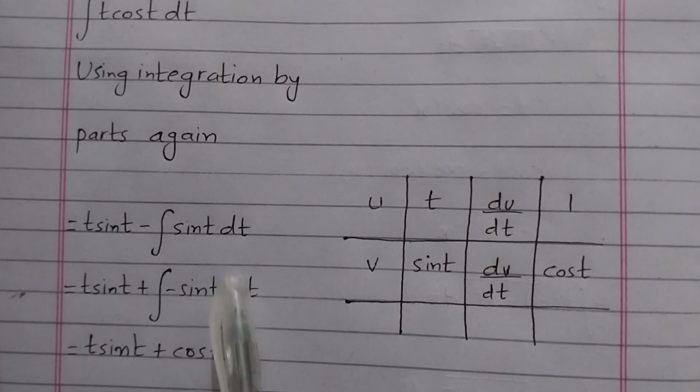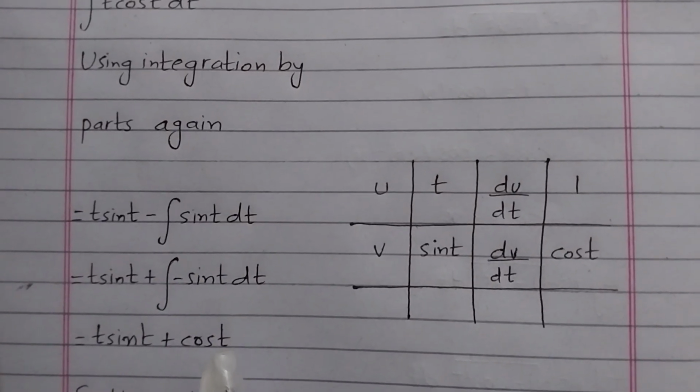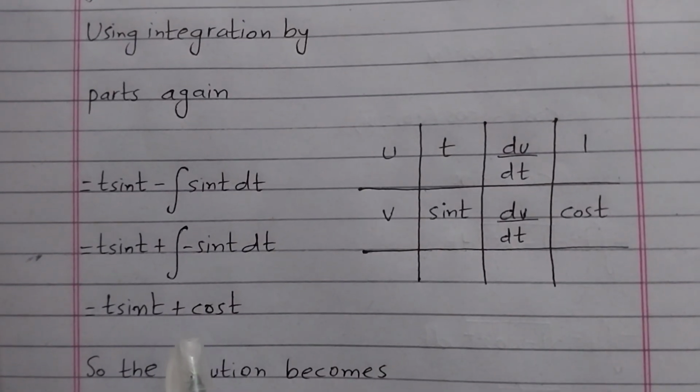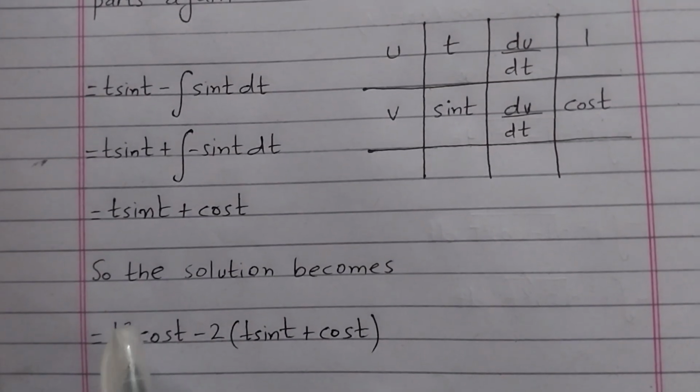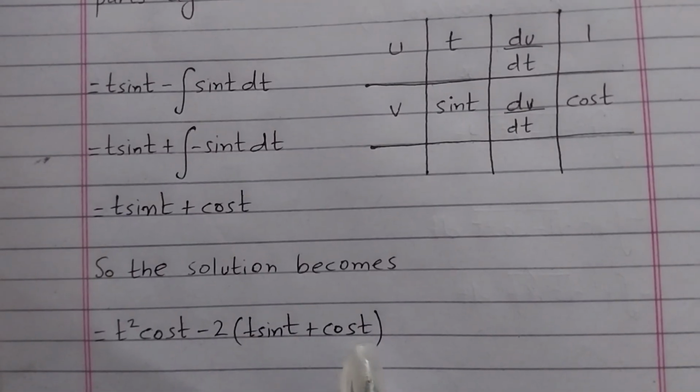So the antiderivative of this thing will be cos t. So t sine t plus cos t, this is our value for this integral. So the solution becomes t square cos t minus 2 times t sine t plus cos t.